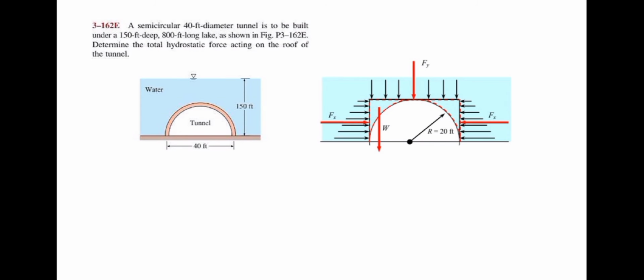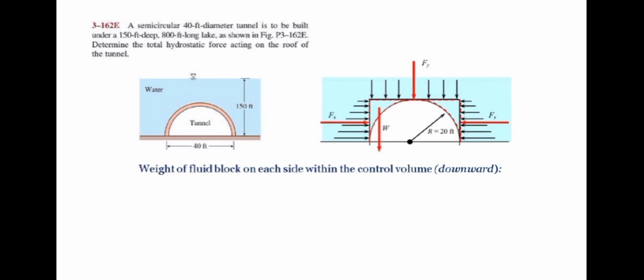Now let's go with calculating the weight of the fluid block on each side within the control volume. In doing this, let's use the usual equation for weight, which is weight equals mass times gravitational acceleration.